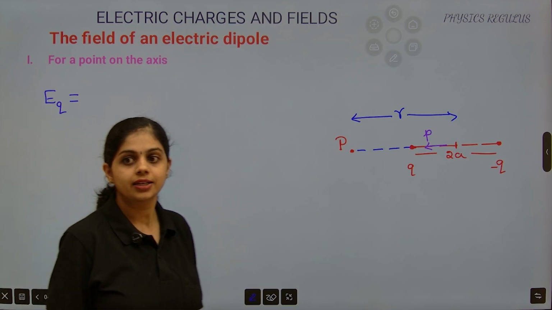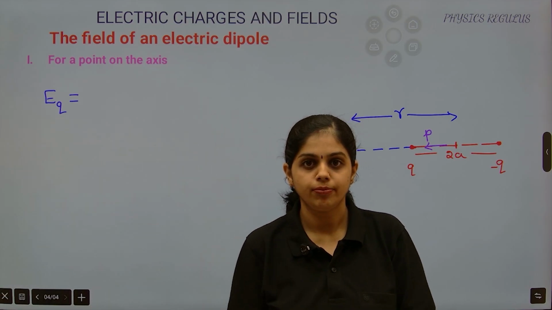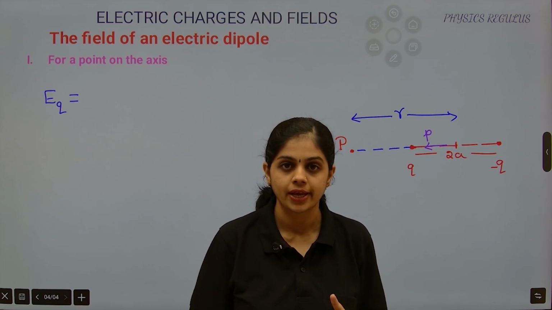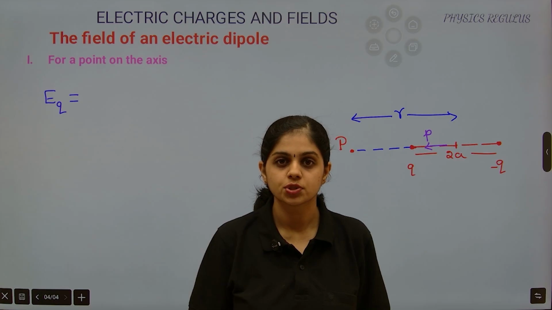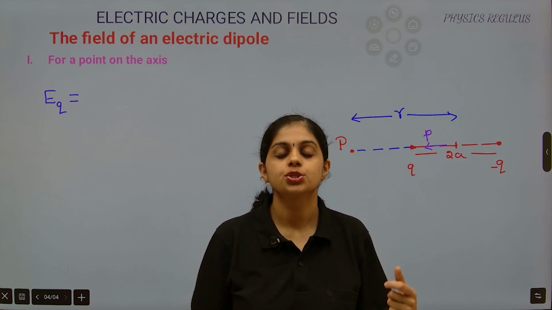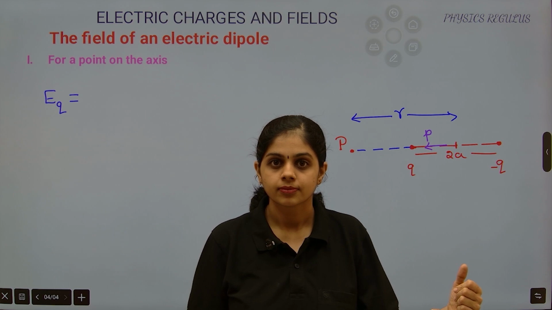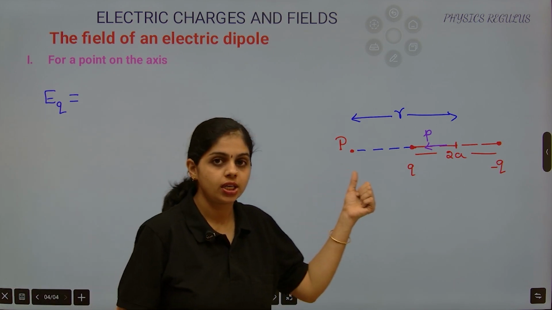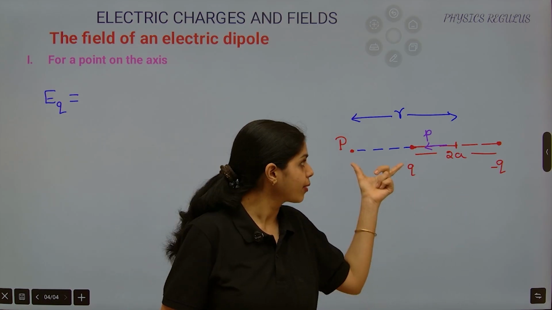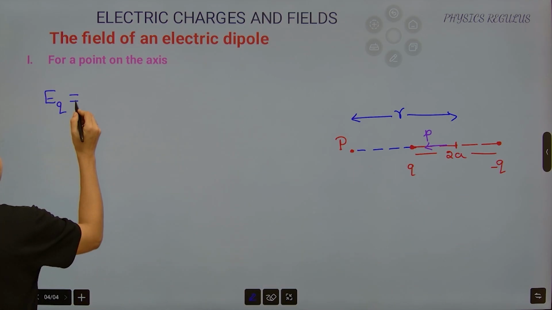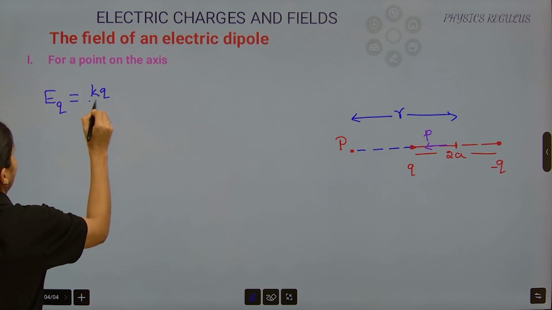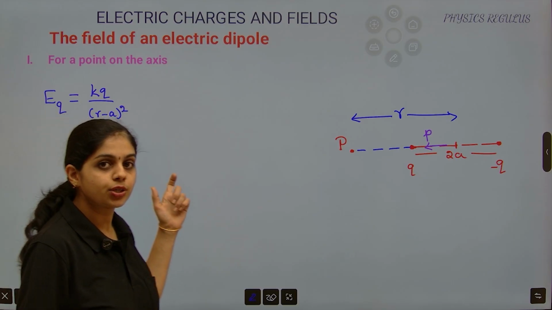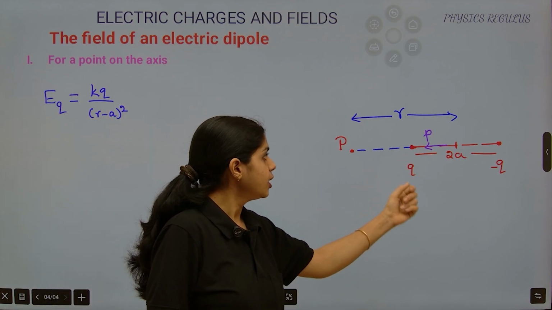What is the expression for electric field? E is given by kQ by r square, where k is a constant equal to 1 by 4 pi epsilon naught, Q is the magnitude of charge, and r is the distance between the point and the charge. Here the distance between point P and charge Q is R minus a. Hence we get E_Q as kQ by (R minus a) whole square. This is the magnitude of the electric field at point P due to charge Q.